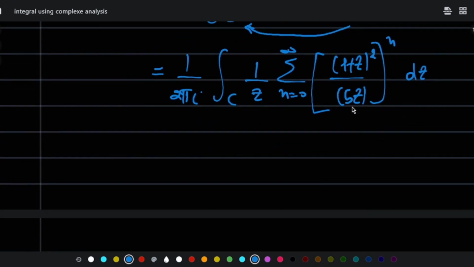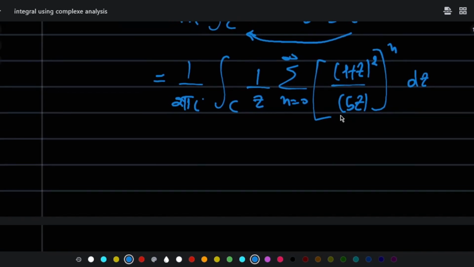Now using the geometric series formula, you can prove that the modulus of this is less than 1. I think we proved this in the previous video, but if you want to check, you can check.